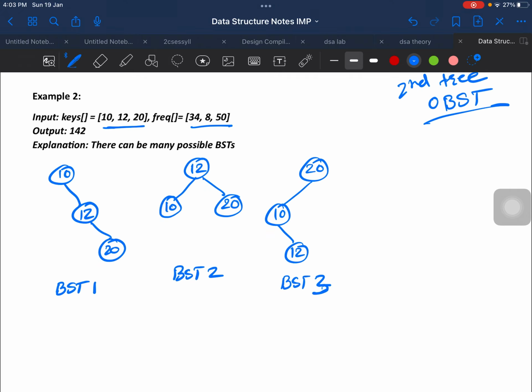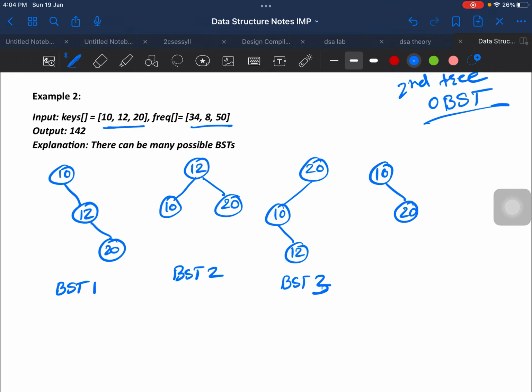Now guys, is there any other BST possible? Yes. Let us assume that we get 10 first, and after that we get 20. 20 is greater than 10, so 20 is present on the right hand side of the 10.